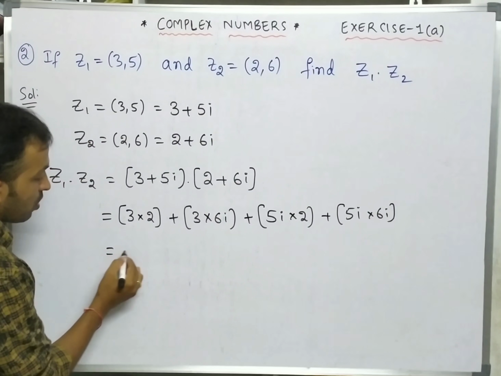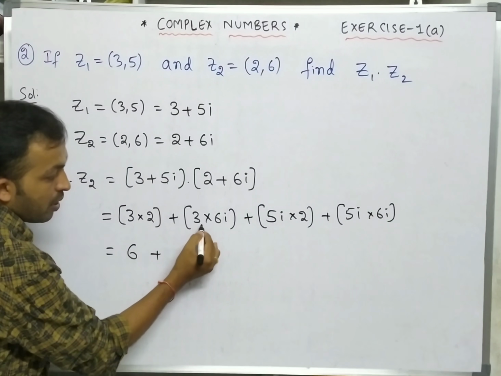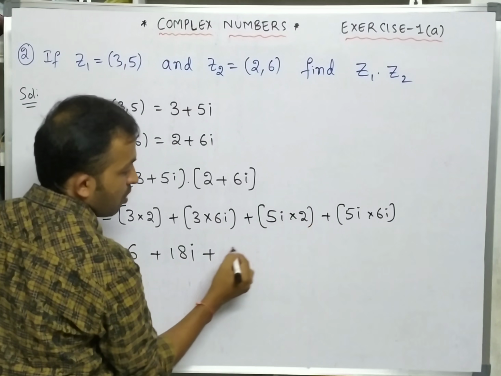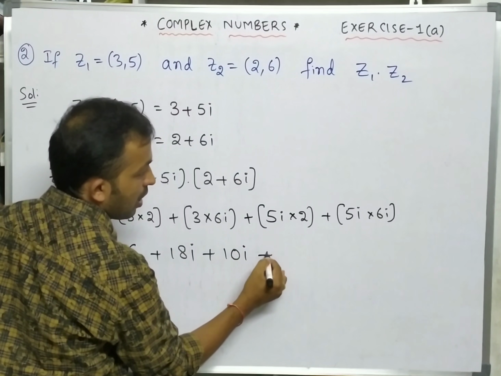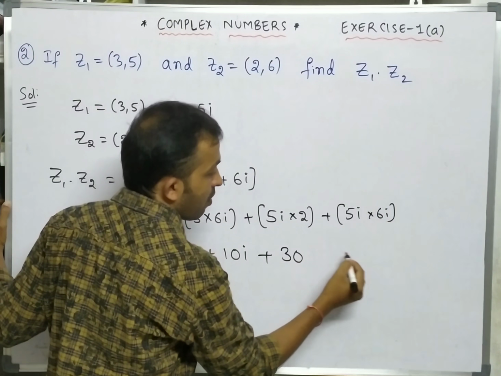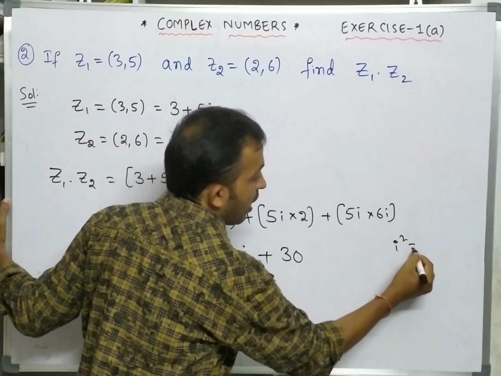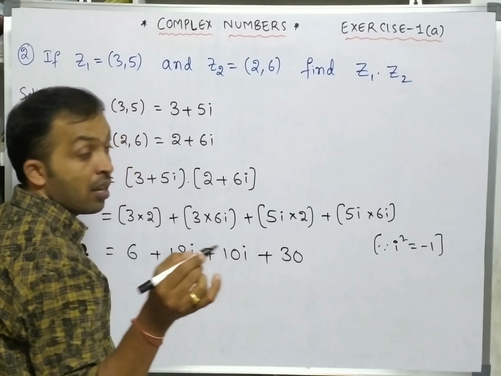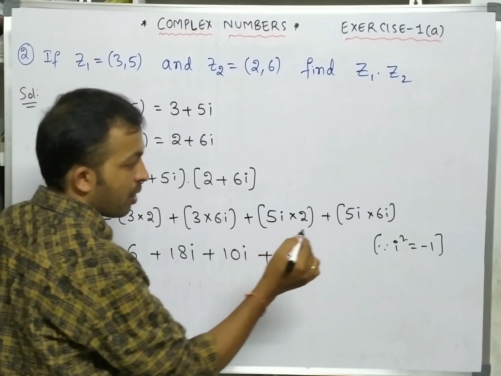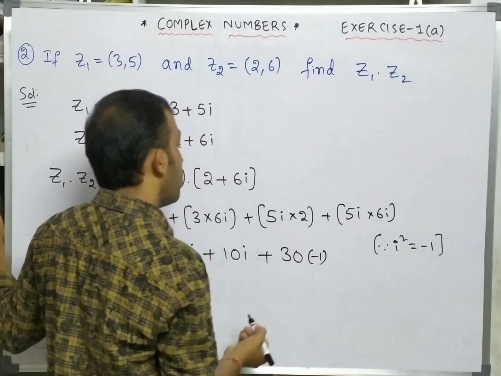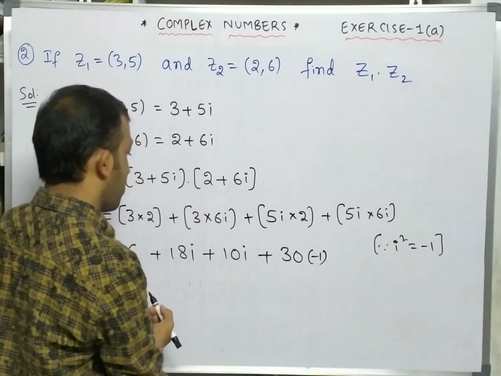Now 3 twos are 6, 3 into 6 is 18i, 5 into 2 is 10i, 5 sixes are 30, i into i is i square. Here the value of i square is minus 1, which we learned in the previous video. So 30 into minus 1 is minus 30.